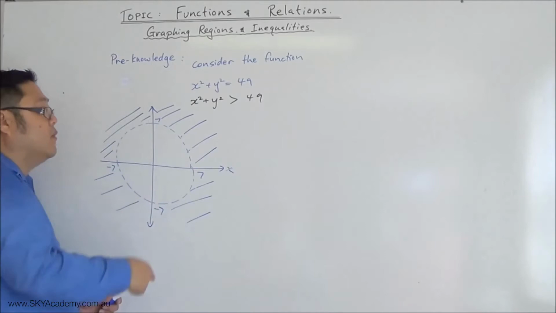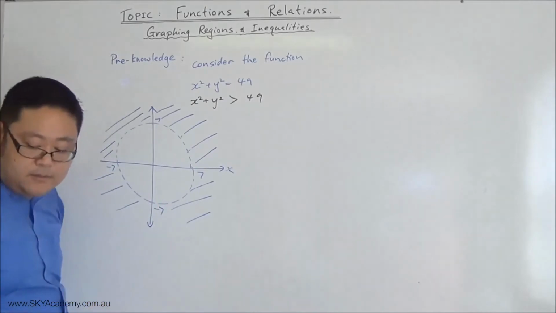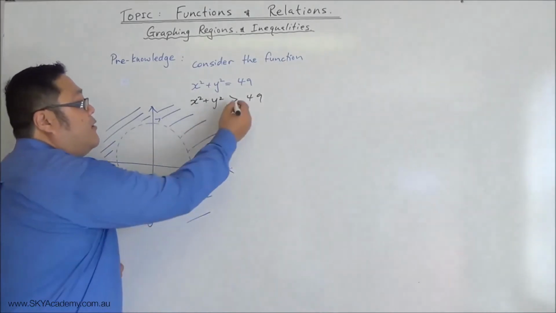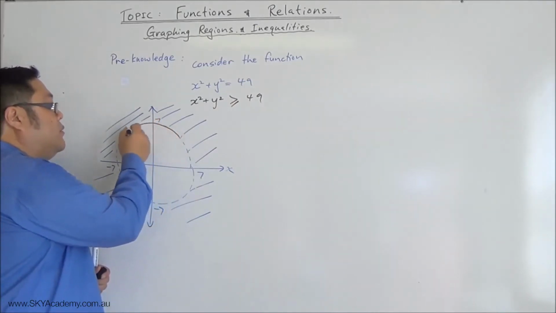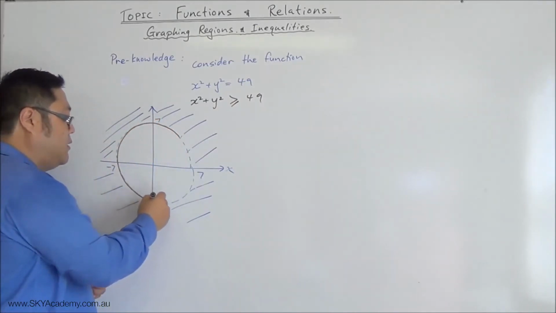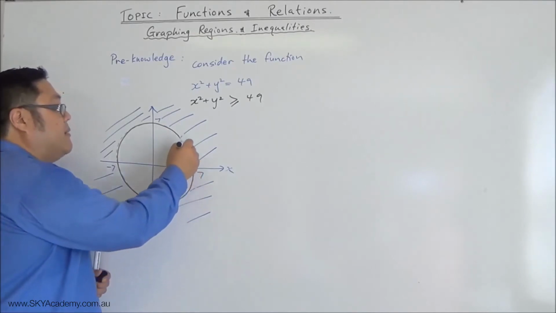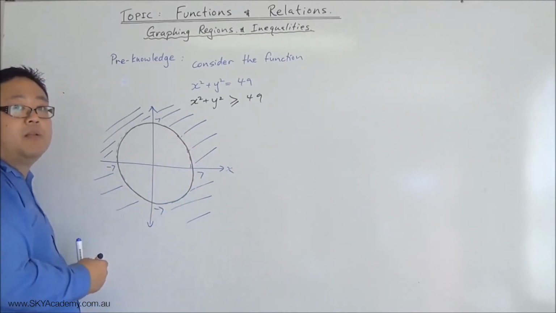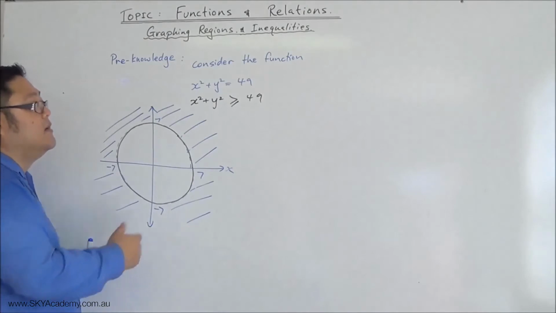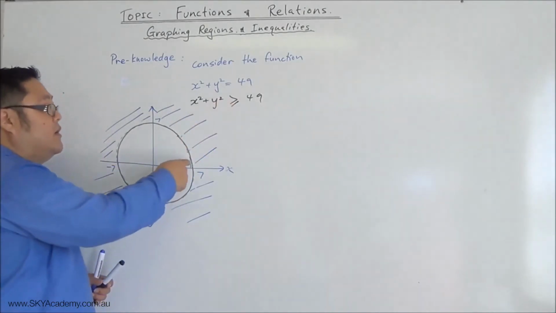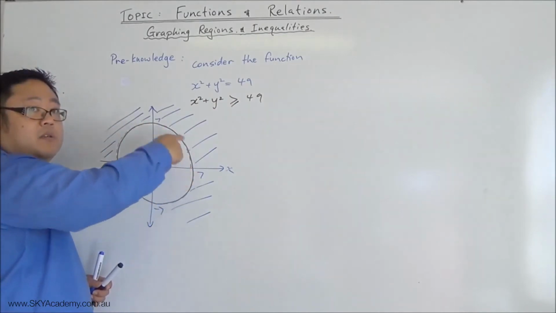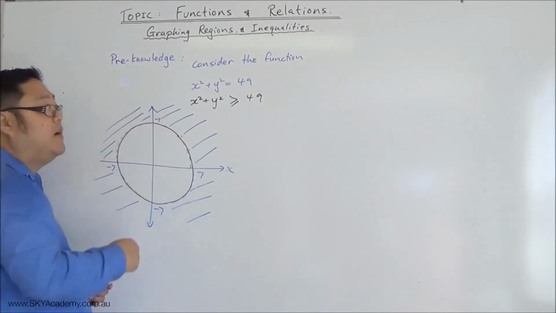Whereas if it was greater than or equal to, you would include the boundary by making the line a bold line. So when you've got greater than or equal to or less than or equal to, you make that line a bold, uninterrupted line.